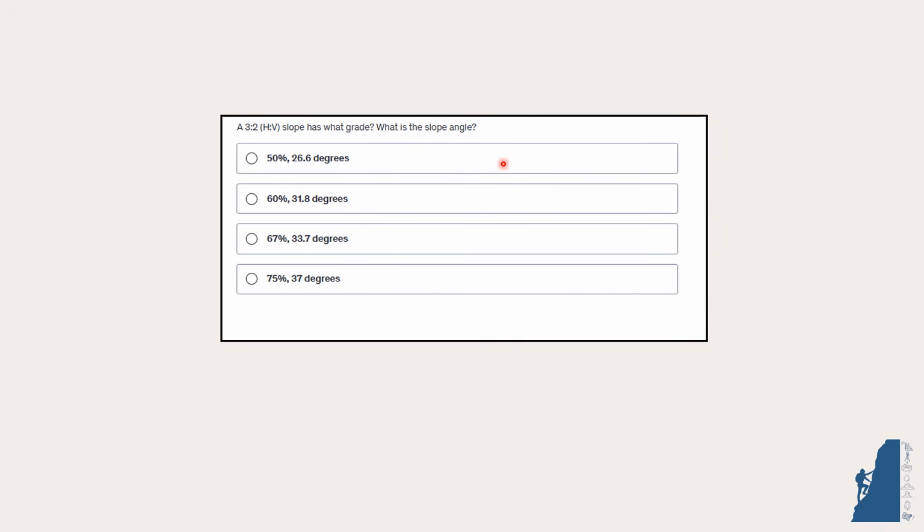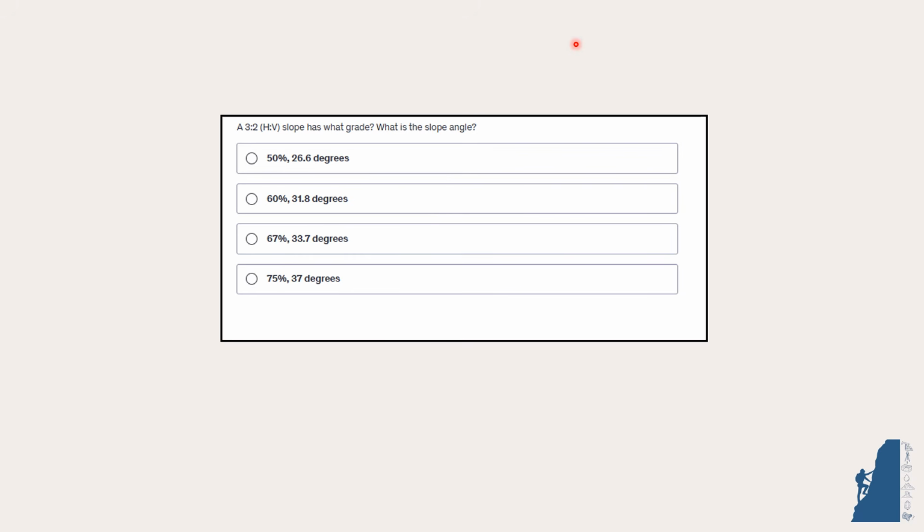Our answer choices are 50%, 26.6 degrees, 60%, 31.8 degrees, 67%, 33.7 degrees, and lastly 75%, 37 degrees. So take a moment to think about how to solve this.